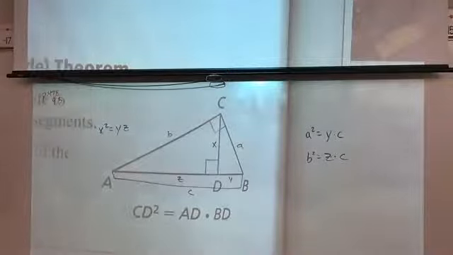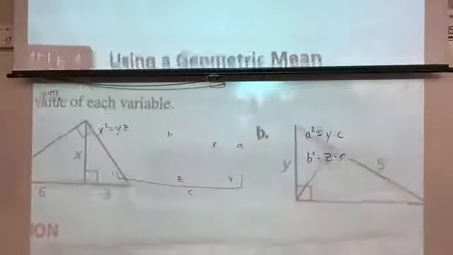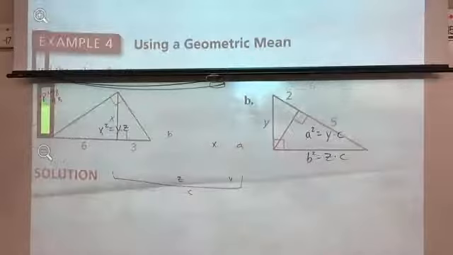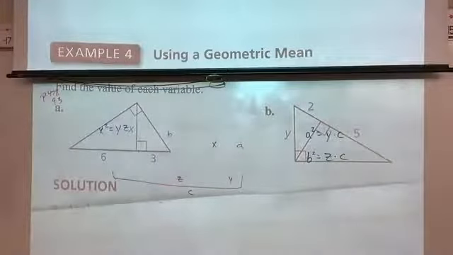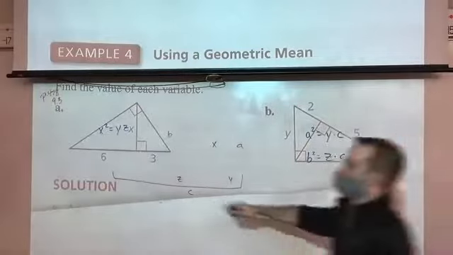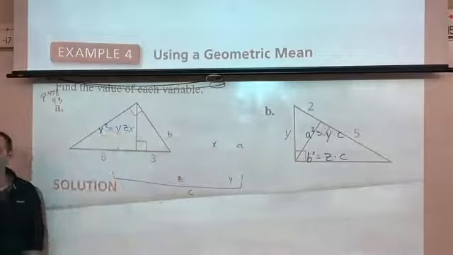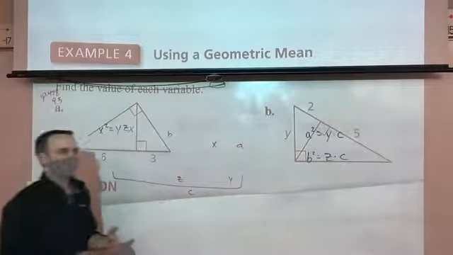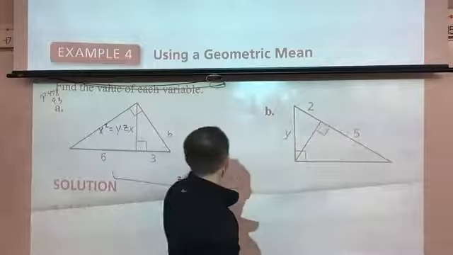So let's take a look at this. And really, what we're doing is we're finding the geometric mean of two numbers. Right, if you're solving for x here, you're multiplying y times z together and then taking the square root. That's where the geometric mean comes in. We just don't call it that necessarily in this problem.